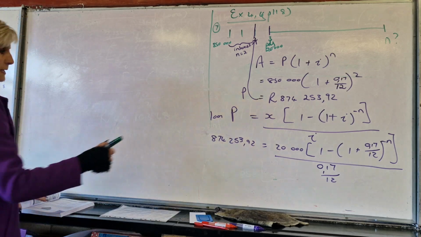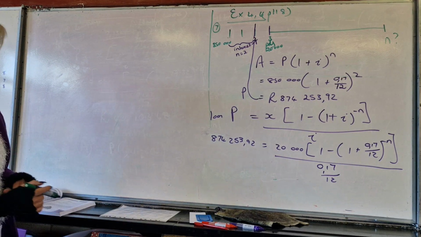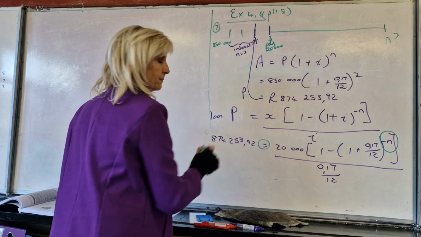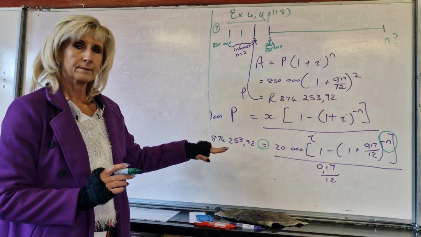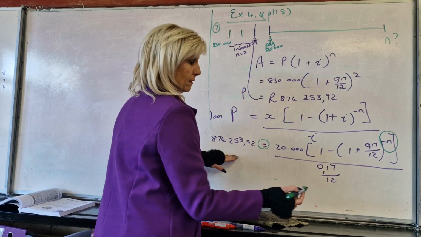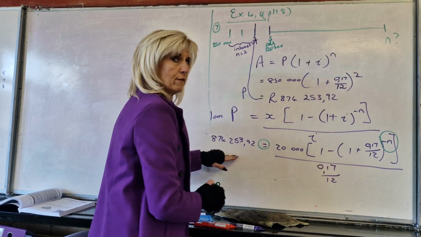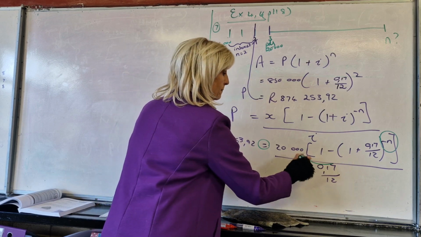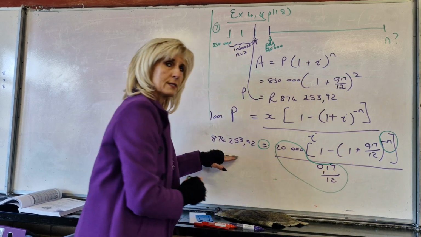Okay, let's carry on with that sum. So how would I solve for n in this equation? First of all, you're going to times with the 0.17 over 12 as a fraction. Then you're going to say divide by 20,000. You can do that in 1 step or 2 steps.